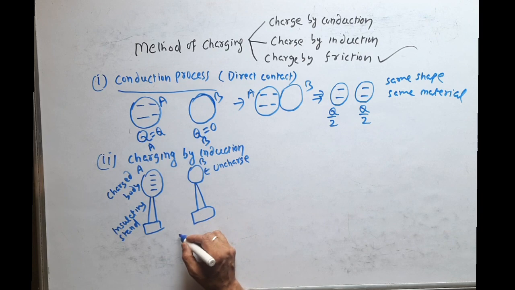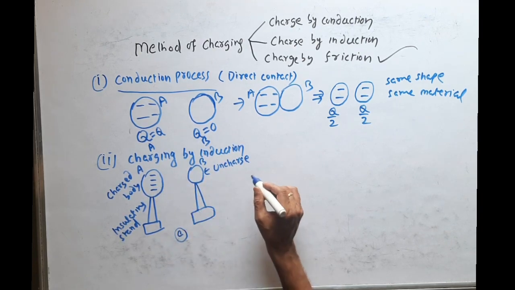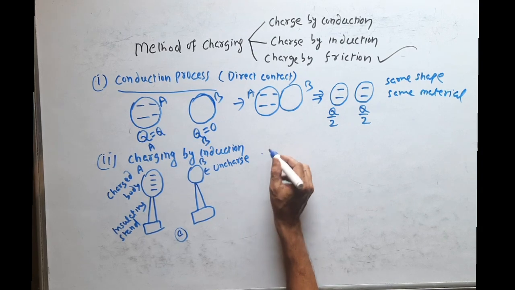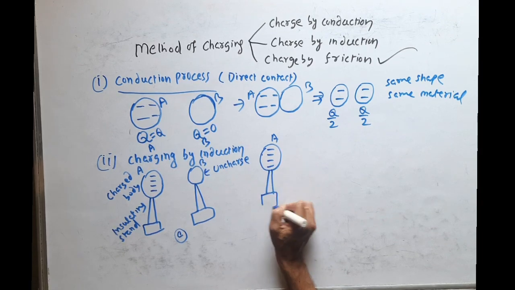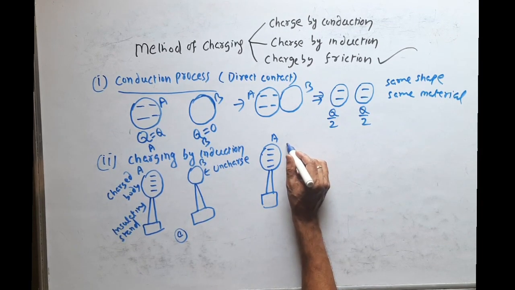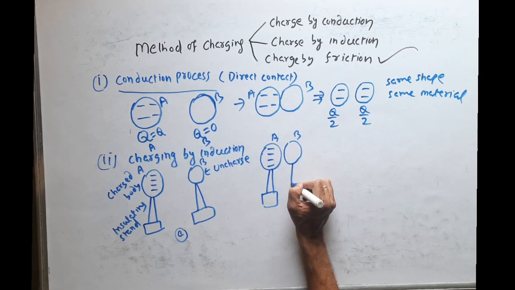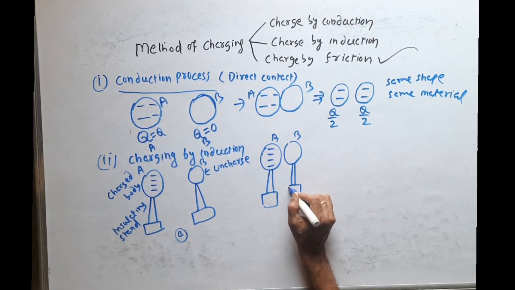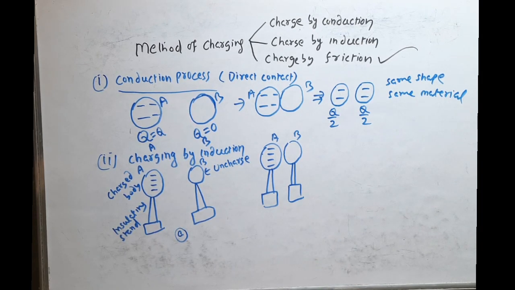Now, the second step: you bring this uncharged body very close to the charged body A, but don't contact directly. There is a very small gap between A and B. What will happen?